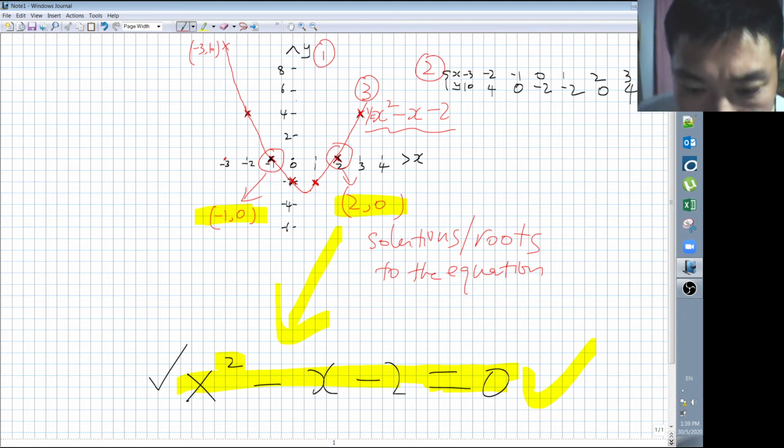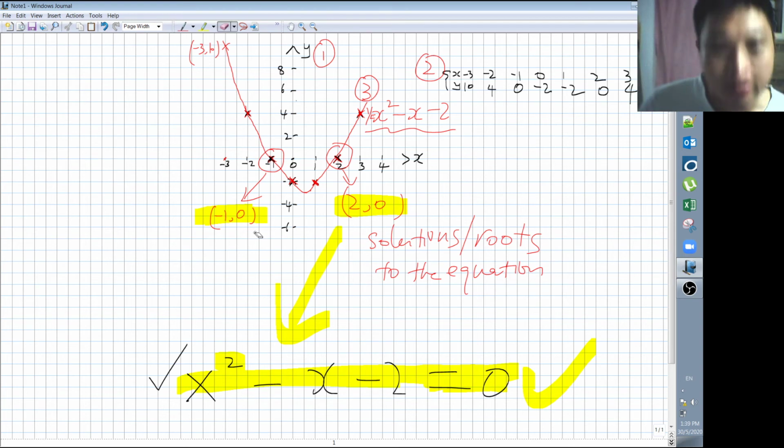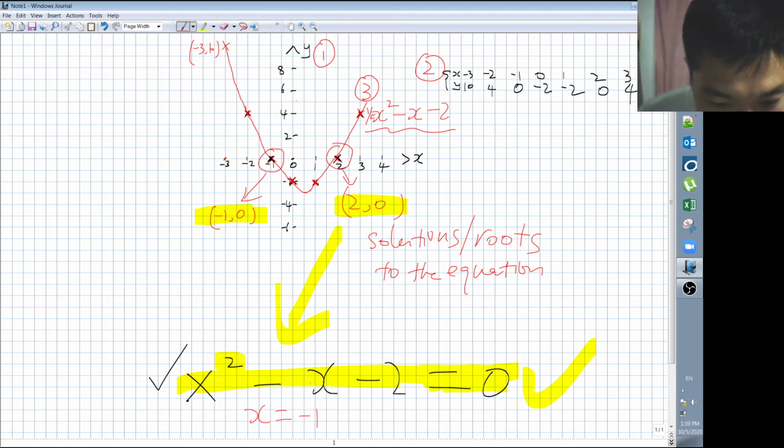So the solutions or the roots to the equation are these two. Therefore, to solve this, your x is equal to -1, which is given by this, and then the next, x equal to 2, which is given by this.